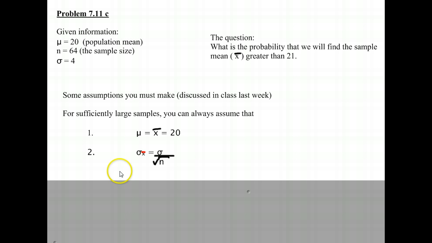Okay, so the standard deviation of the sample is equal to the standard deviation of the population, this 4 that you see, divided by the square root of the sample size. So that's this 64. Okay, so what we're going to wind up doing is needing to get a value for that.